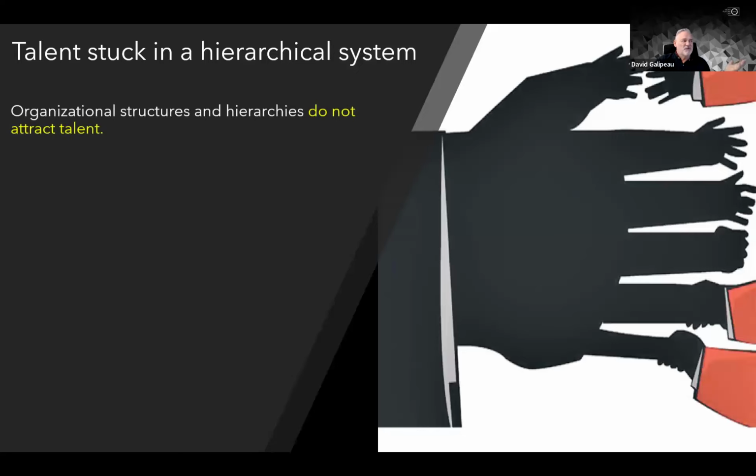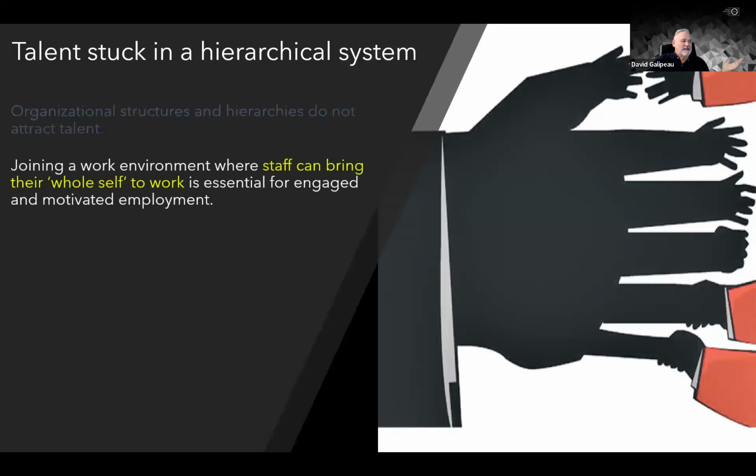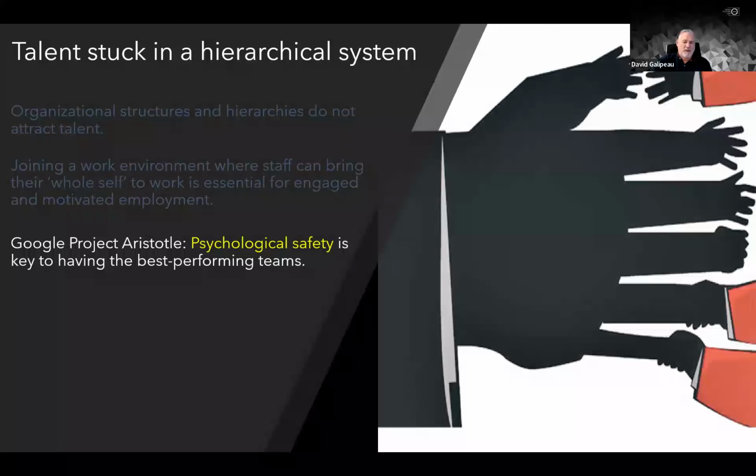So organizational structures and hierarchies do not attract talent. It really is about staff and understanding how you create the whole self and how you bring that to the work. Instead of going for a single job description, how can you then apply to multiple job descriptions? The concept of psychological safety: if you look at Google's Project Aristotle, how they start to look at what a workspace looks like.